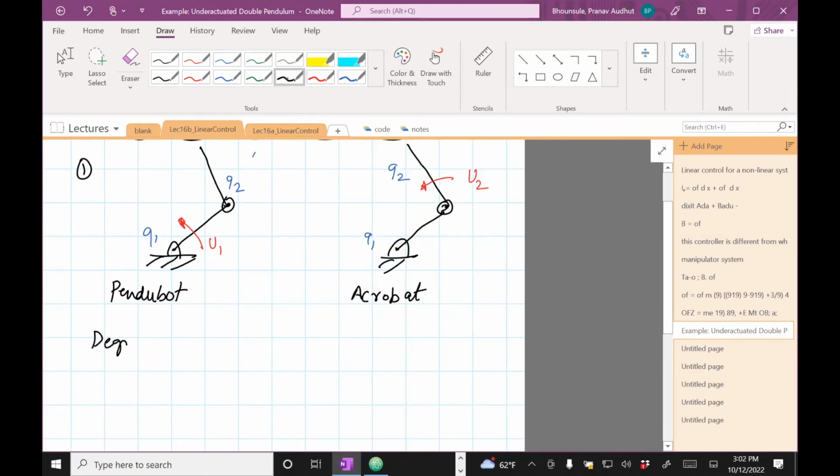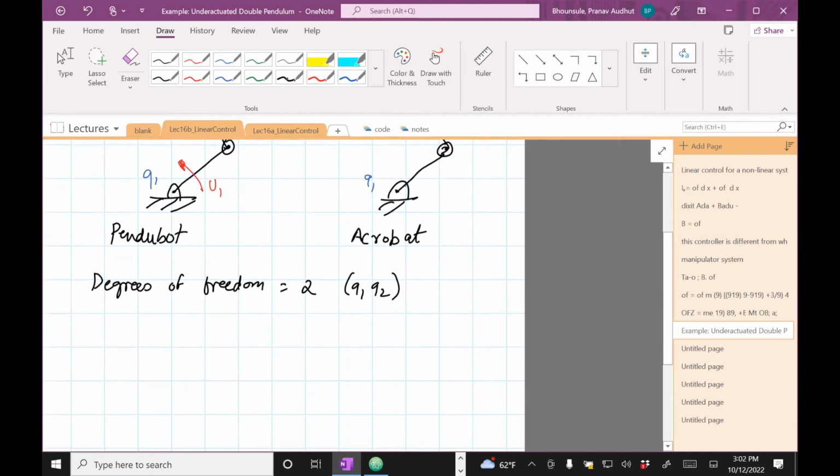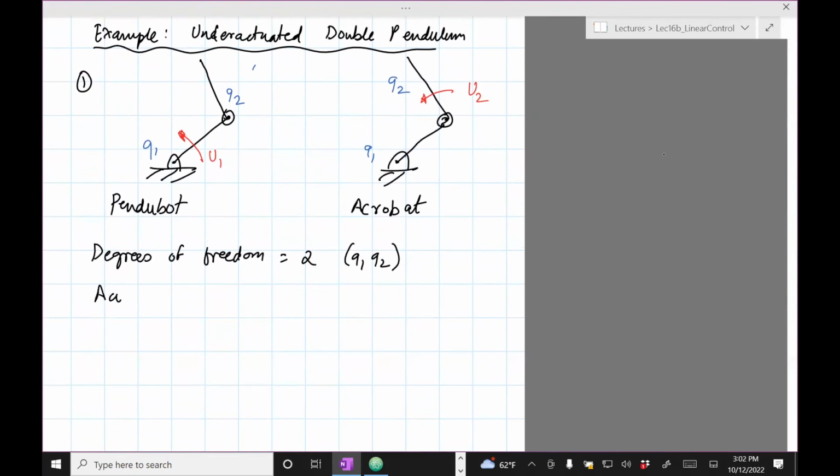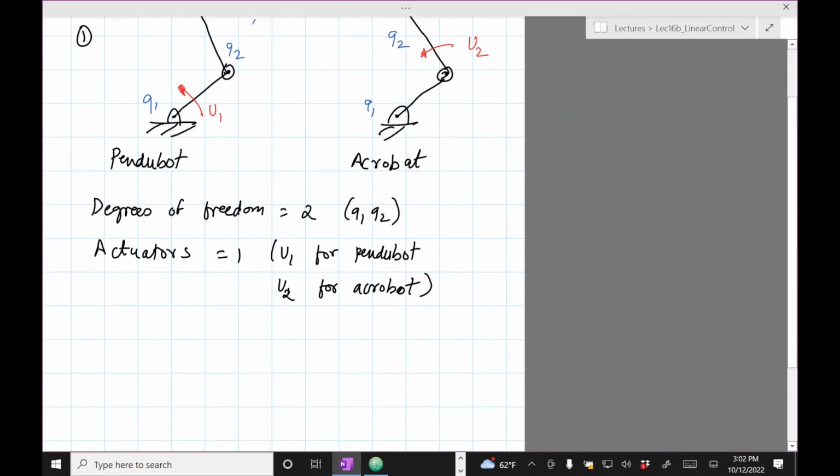So the degrees of freedom are Q1, Q2. Actuators equals 1: U1 for Pendubot, U2 for Acrobot.